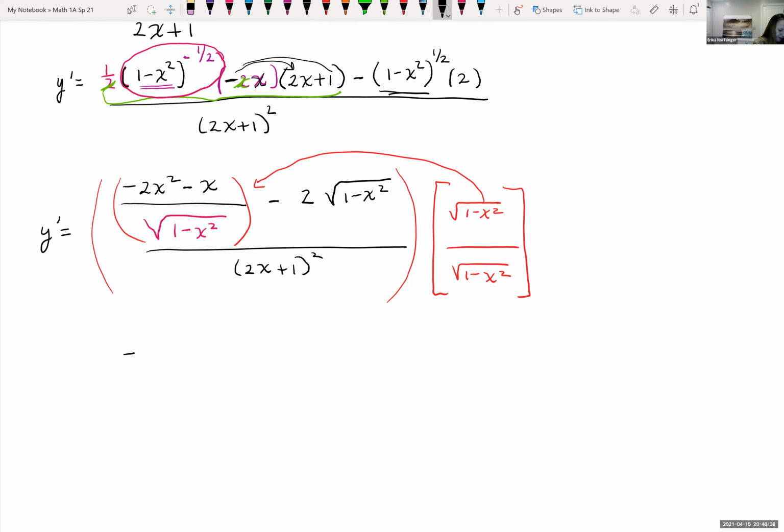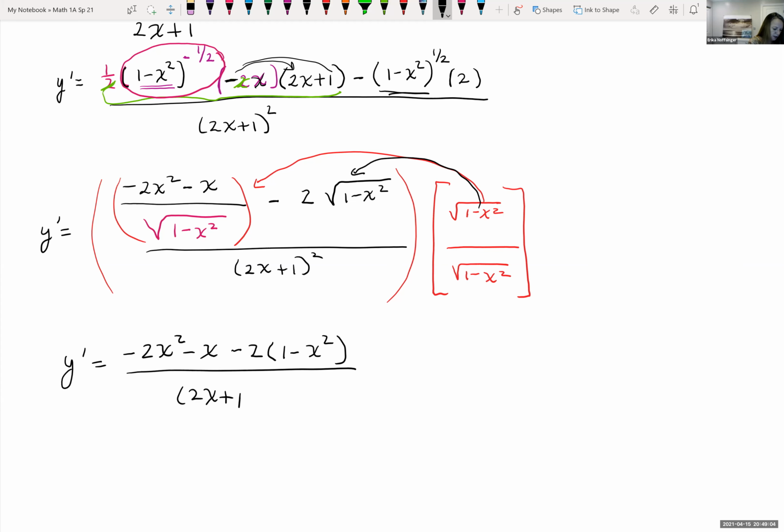So I'm just left with my -2x squared minus x. When I distribute it to this piece, notice I have a square root of 1 minus x squared quantity squared. So my radical goes away. And so I'm left with this -2 times parentheses what's underneath the radical, 1 minus x squared, all over this 2x plus 1 quantity squared times the square root of 1 minus x squared.